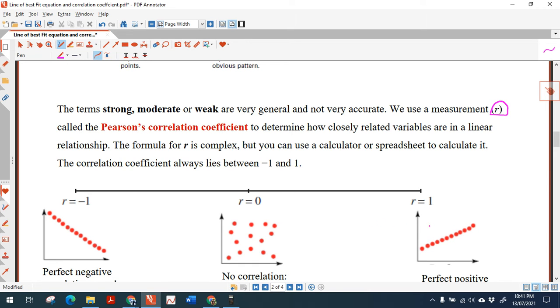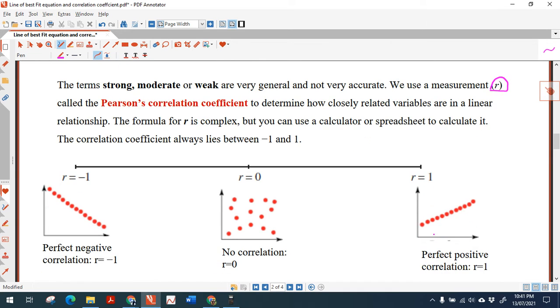Now, if you get a correlation coefficient of +1, so that's at the far end of the scale, then we say it's a perfect positive correlation. If you get a Pearson's correlation coefficient R equals -1, that means it's a perfect negative correlation. And if you get R equals 0, that means there's no correlation.